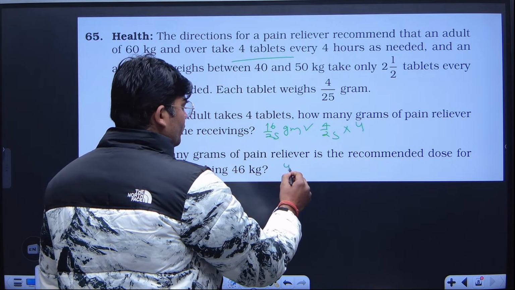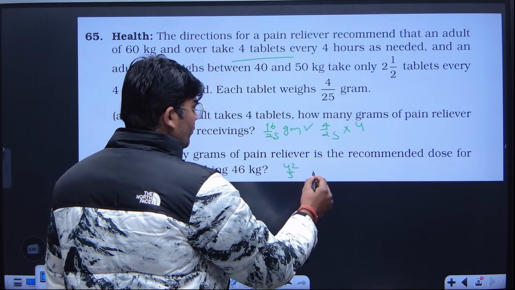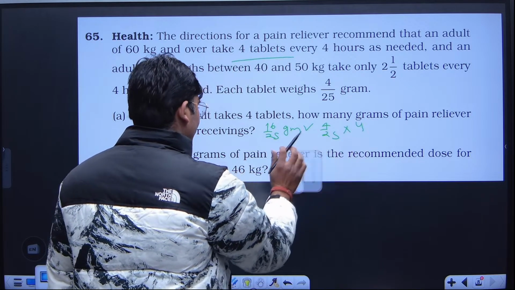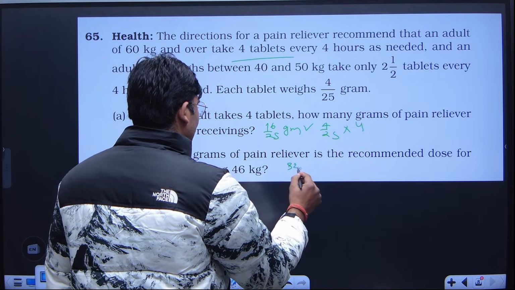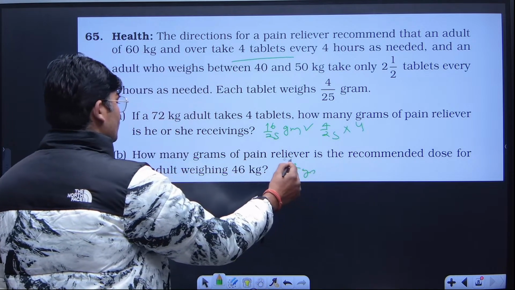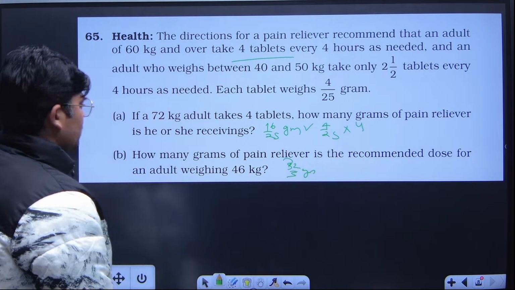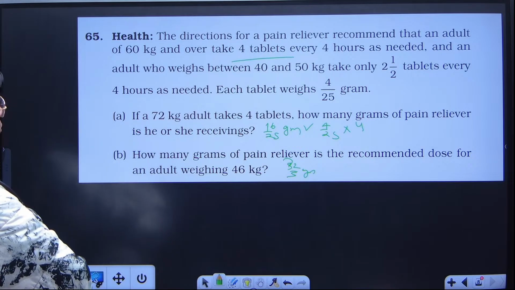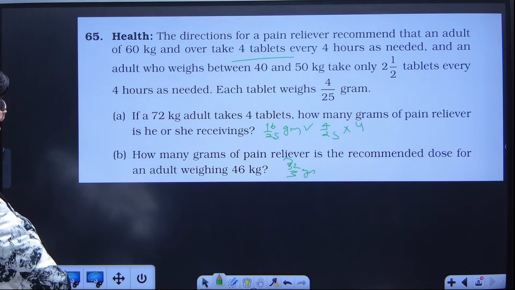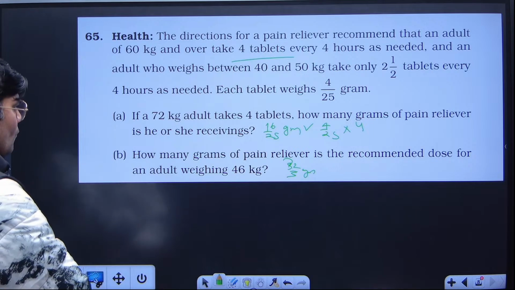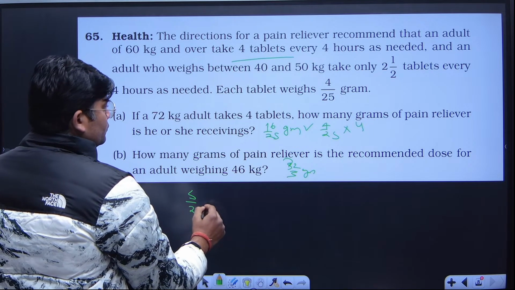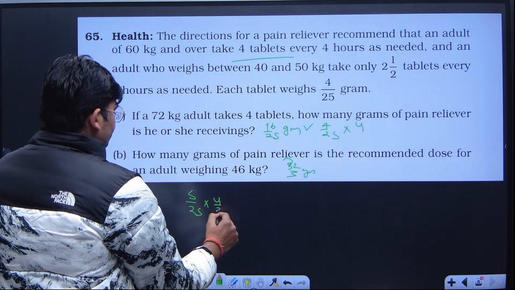Okay, how did you get 32 by 5? 46 kg means take only two and a half tablets every 4 hours, and then 1 by 2 into 4 by 25, so 16 into 2 by 5.